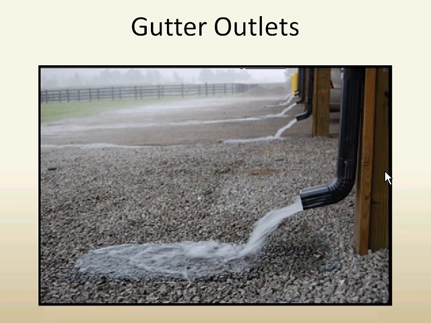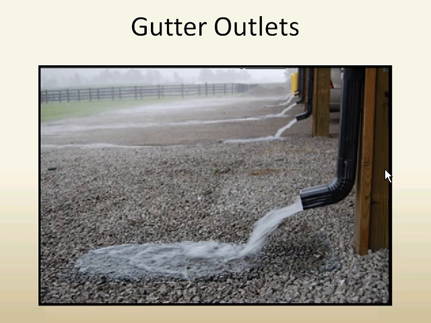Obviously you don't want to cause an erosion problem where your gutters are outletting. In many of our animal waste situations, we're going to outlet to an underground outlet and take that water to a safe place. But there are splash guards that are made for this purpose. In this picture, we're outletting onto a gravel surface. You could put down rock riprap or some rock to dissipate that energy coming out of the gutters.